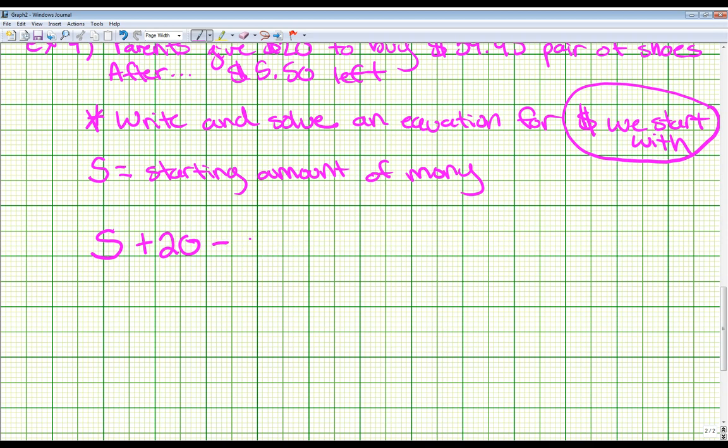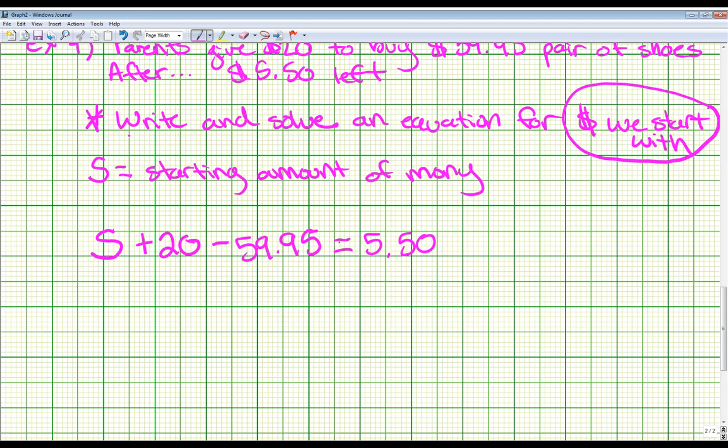The shoes cost us $59.95. And after we had this money, we got 20 bucks from our parents. We spent money on the shoes. We're going to use an equal sign next because we ended up with $5.50 left over. So this is our little equation based upon what the story is telling us.